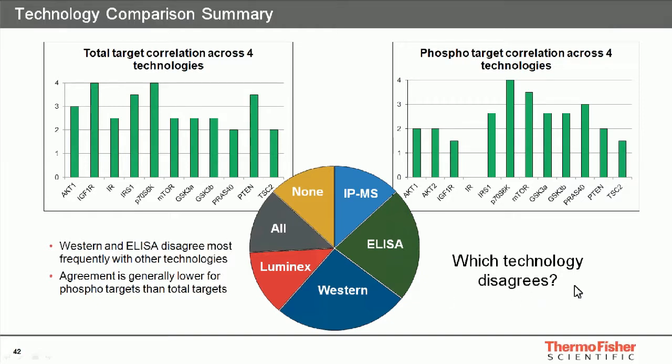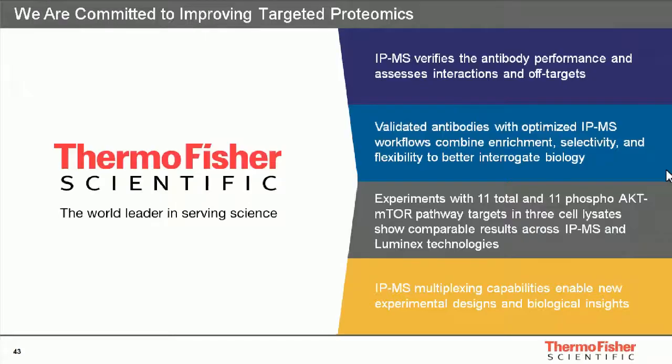If we ask which technology disagrees the most, and put it on a chart, ELISA and Western blot disagree most frequently with the other techniques. And also the agreement is generally lower for a lot of phospho targets compared to the same total target for the AKT-mTOR pathway.